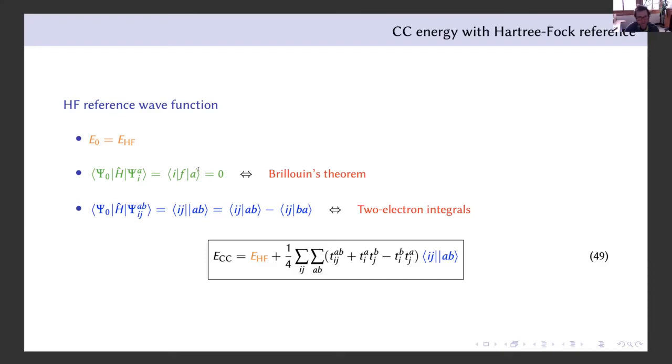And I know as well that psi 0 H psi ij ab, thanks to the Slater-Condon rules, is given by those antisymmetrized double-bar two-electron integrals that we talked about earlier. So the coupled cluster energy is just the sum of the Hartree-Fock energy and this term, which only depends on two-electron integrals and the single and double amplitudes. Those are the only quantities you need to find.